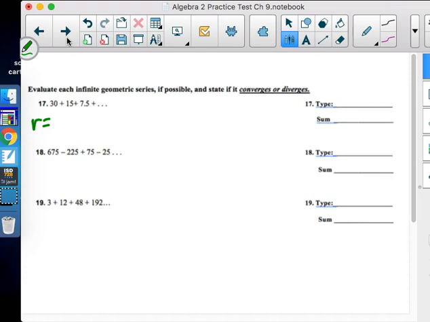You could either do 7.5 divided by 15 or 15 divided by 30. Most people will probably see that as 1/2 right away. So that's a fraction between 0 and 1. That means we can find it. That converges.